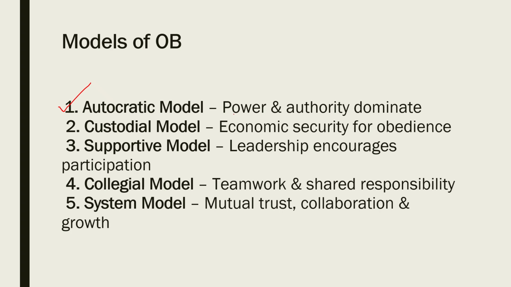When a leader holds all the power and authority and dominates, that means in the organization we are following an autocratic model, where the employees or subordinates are not given much power to take any decision, and the manager or leader only holds the power and authority and dominates the employees or followers. That is where the autocratic model is being practiced.